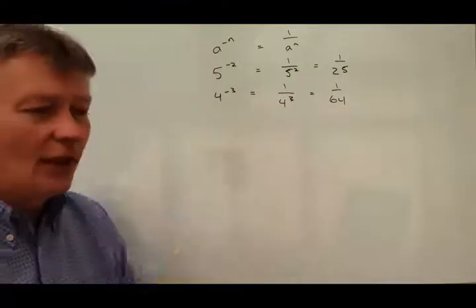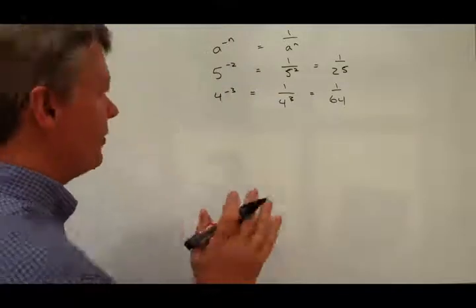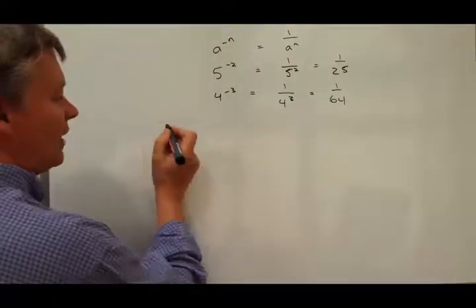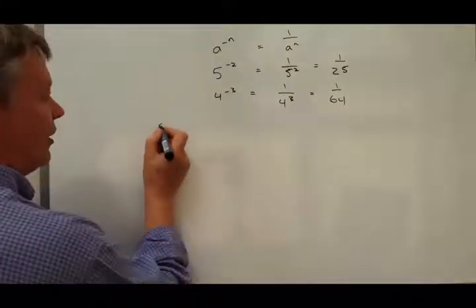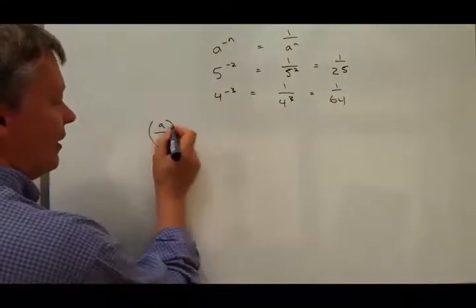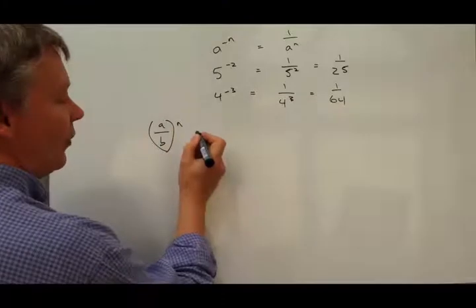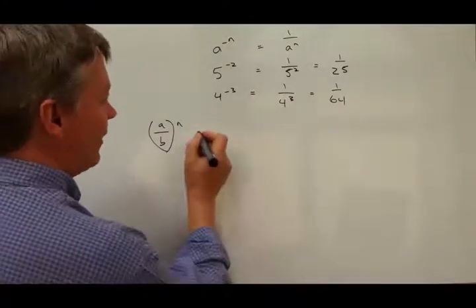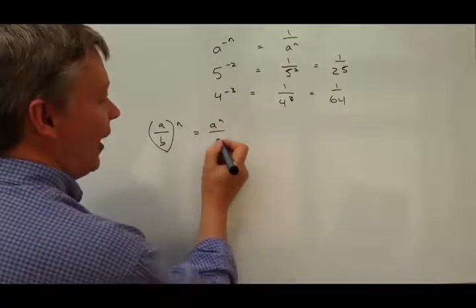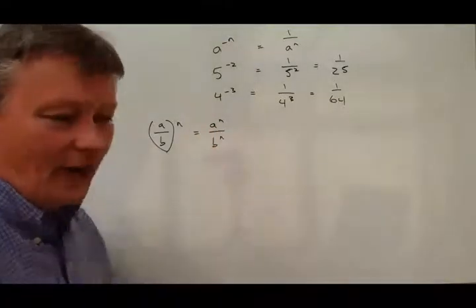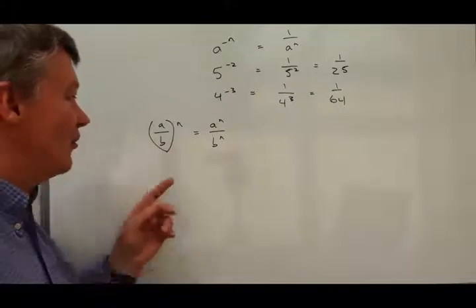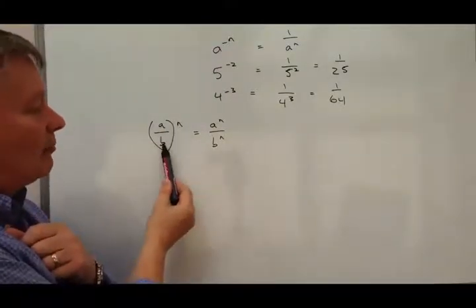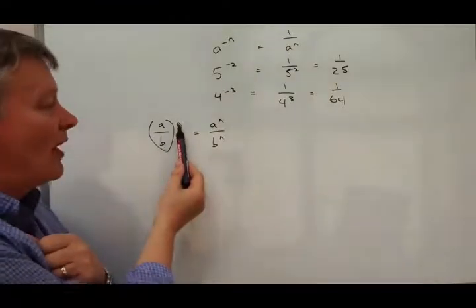So it's quite important. One that's not so popular is something like this, although it does happen from time to time, and it's usually written in this format: (a over b) to the power of n. Well, (a over b) to the power of n is the same as saying a to the power of n over b to the power of n. In other words, you're raising a to the power n and you're raising b to the power n as well.